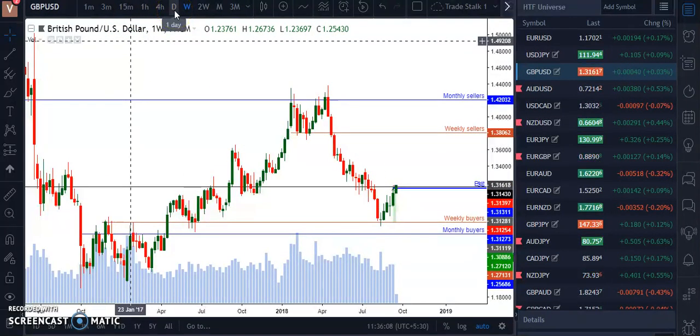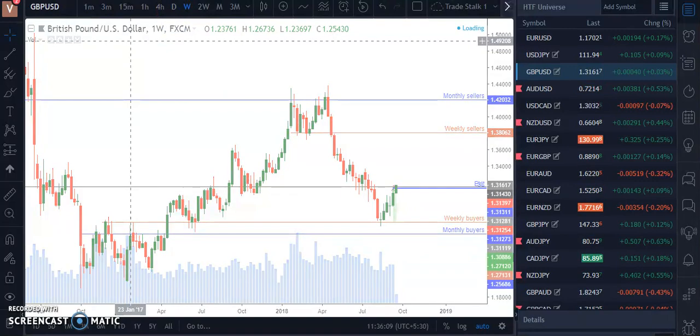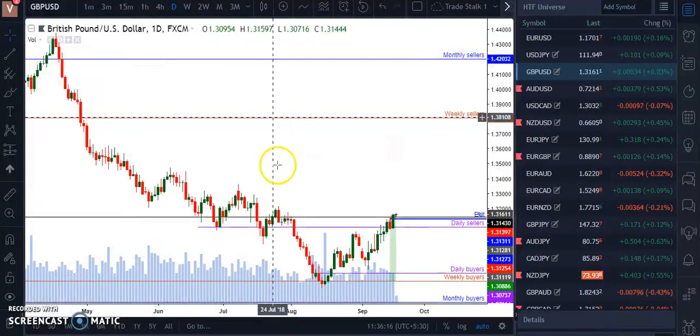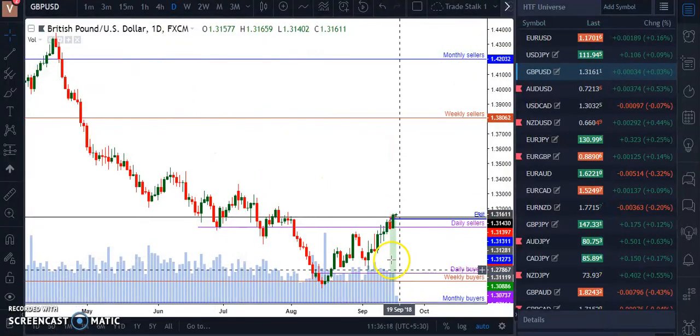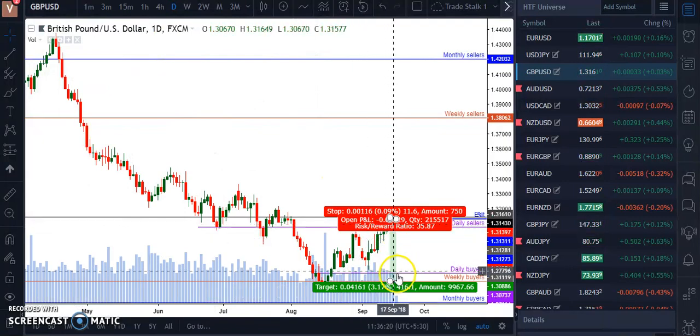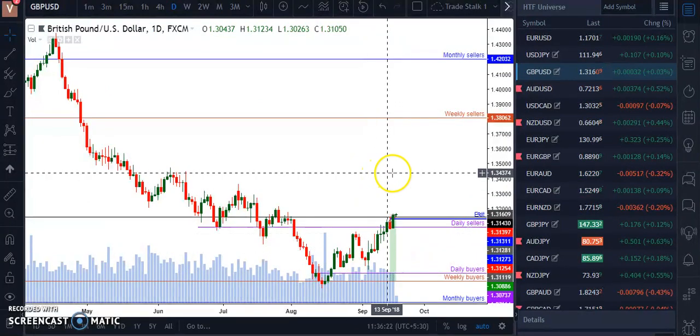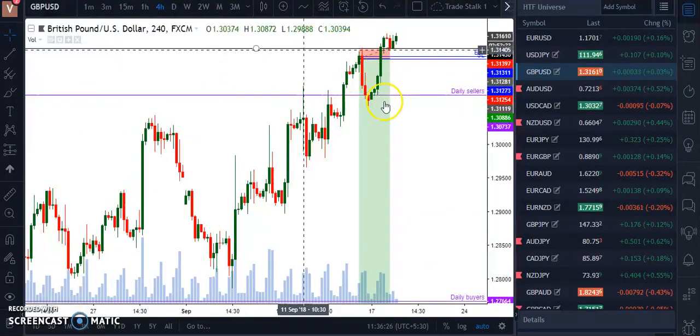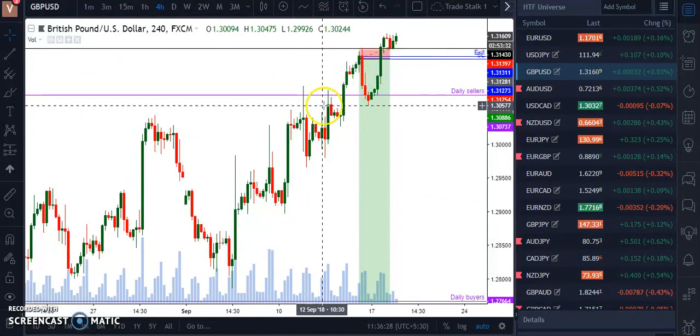Pound USD, I anticipated a buy in this as well. As you can see, -1 against the pound, meaning I anticipate pound USD to go up. The reason for that was, sure, I see some sort of reaction here by the sellers, but on the lower time frame, they actually could not take out the support.